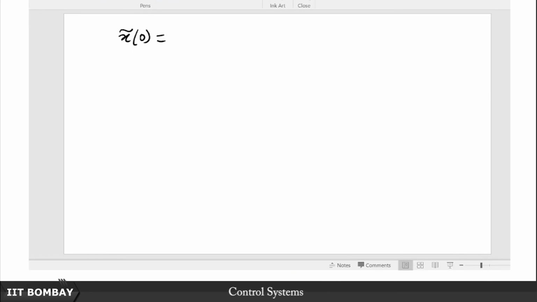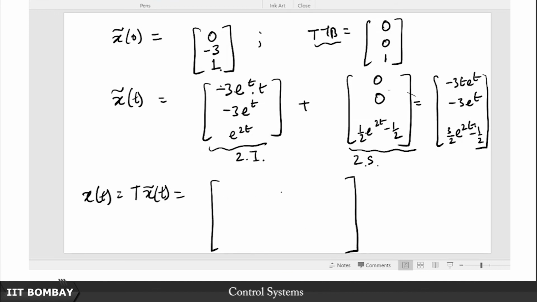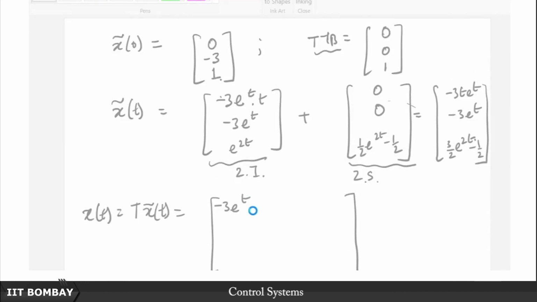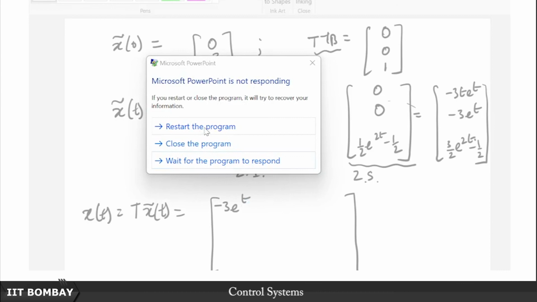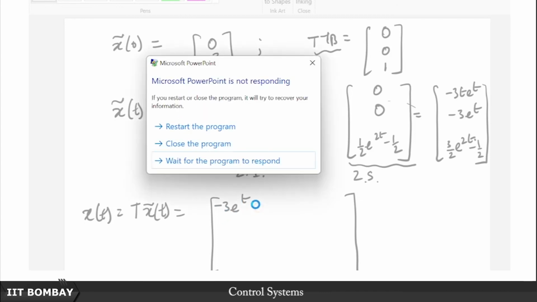So then I notice that this is going to be, let me make it very wide so I can accommodate this entire term, it is a pretty hefty term. It is minus 3 e to the t, minus 3 t times e to the t.